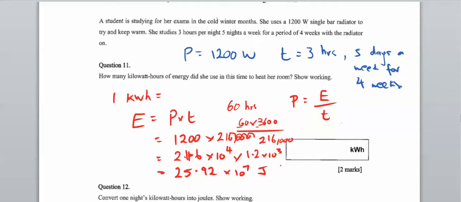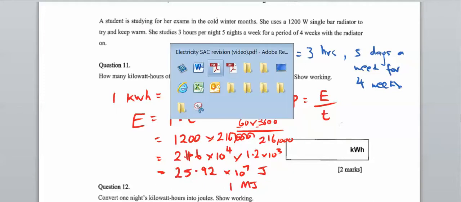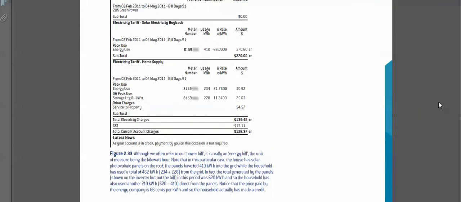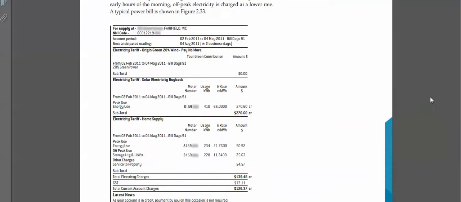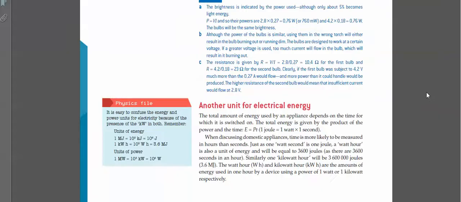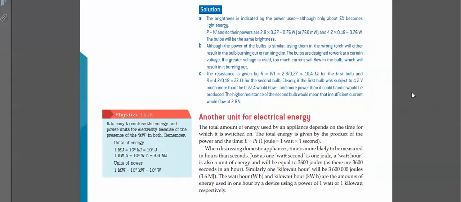Now, a kilowatt hour is a certain amount of joules. So 1 kilowatt hour is 3.6 megajoules.